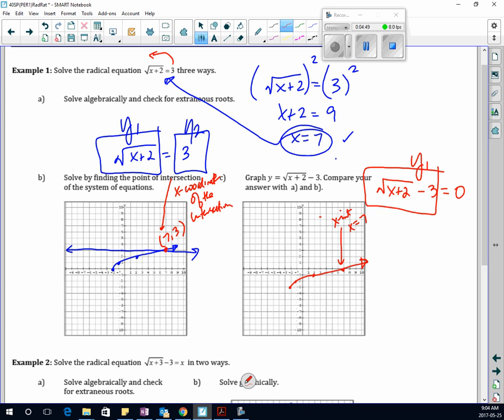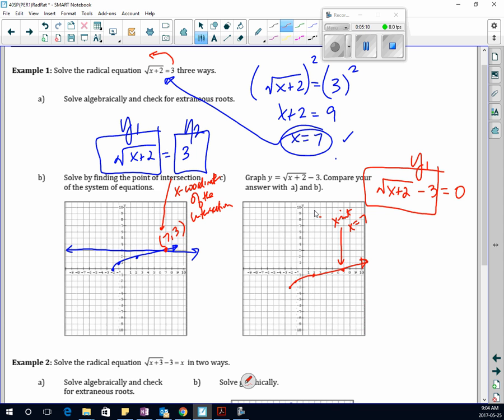Does everybody see in all 3 examples, my solution is x equals 7. You're just looking at it different ways. So your whole thing is you need to understand what you're supposed to be looking for, because they'll ask you, oh, well, you know, Joey tried to solve this graphically, but he didn't know where to look for the solution, right?